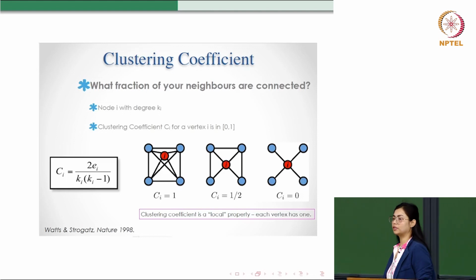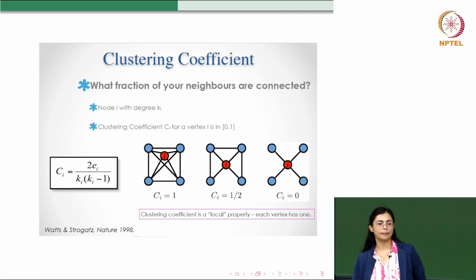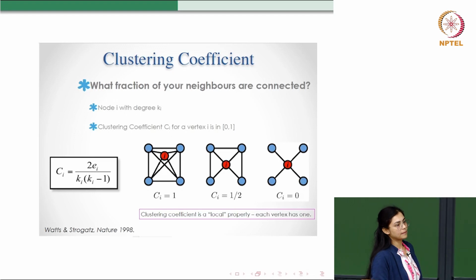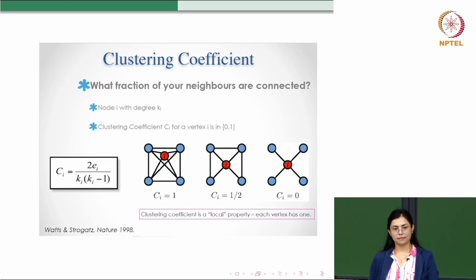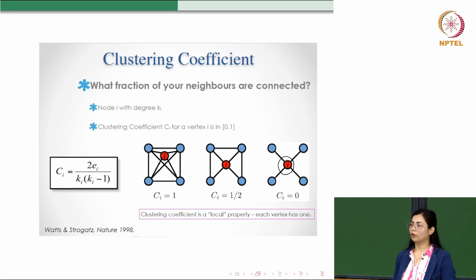Okay, clustering coefficient. Do you know what a clustering coefficient is? It is, suppose a node I, the probability that its neighborhood is also connected. What do we mean by neighborhood?